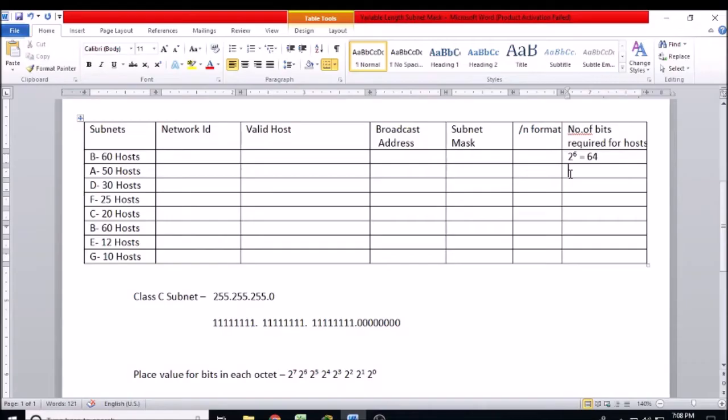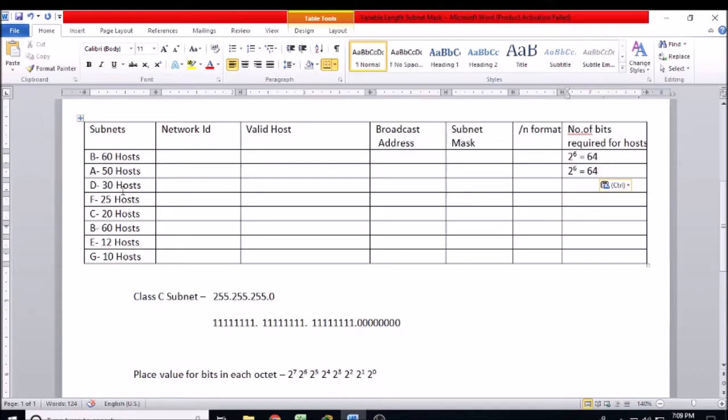For the next one, A, how many hosts are needed? 50 hosts. Here also 2 power 5 is 32, 2 power 6. We have to go for the number greater than the number of hosts, at least 2 number, it should be greater than the host. So again it is going to be the same. 2 power 6 will be 64.